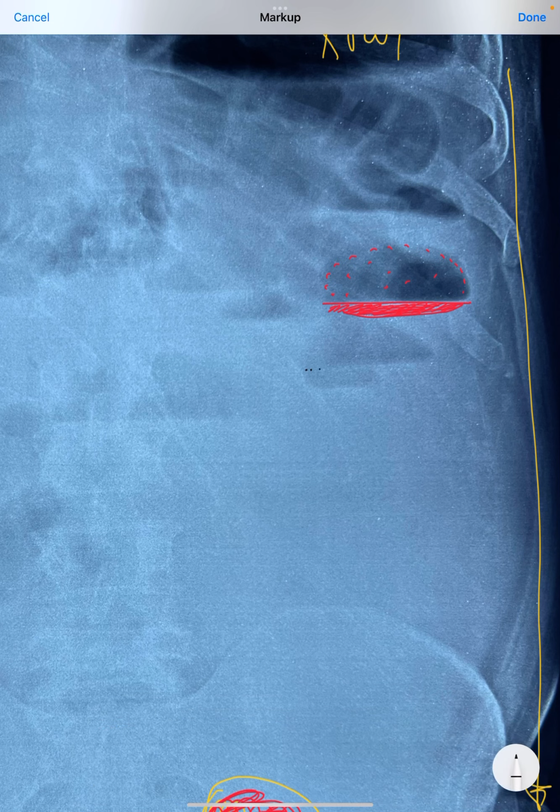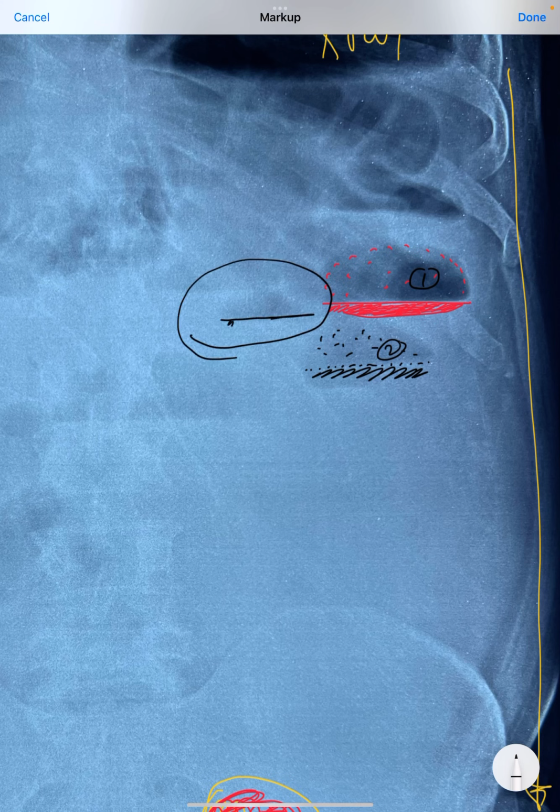One is here. This is the fluid level and this is all the air present. This is first, this is second, this is third. If you see closely, this is an air fluid level, because you have a horizontal line, and this is all air.